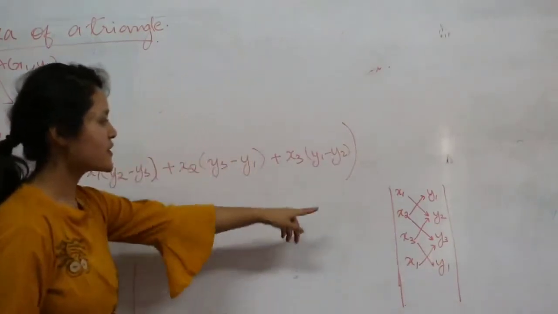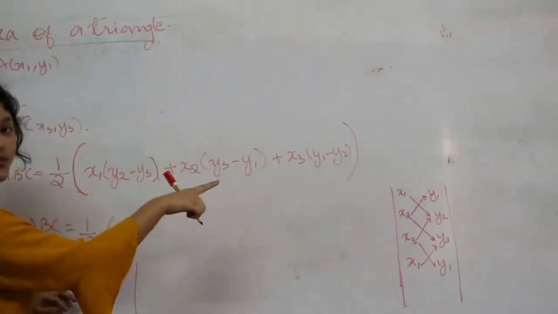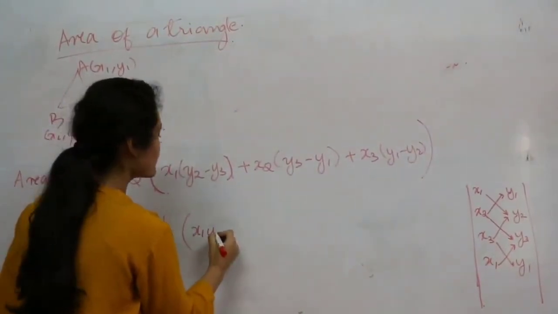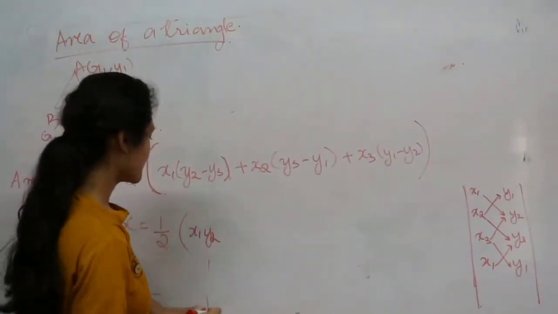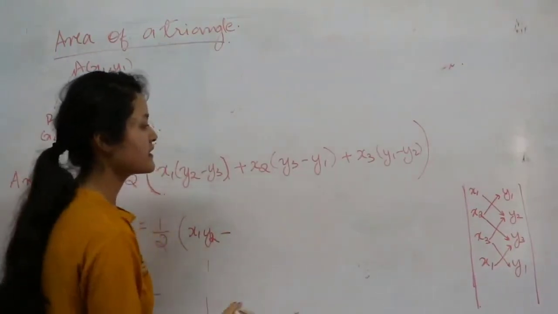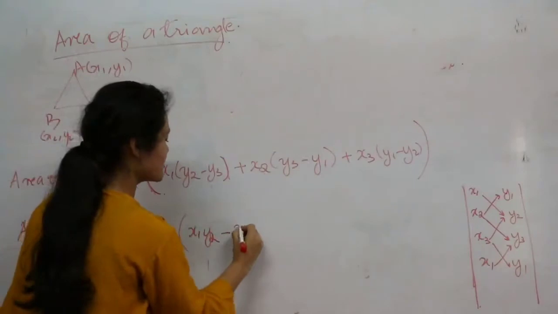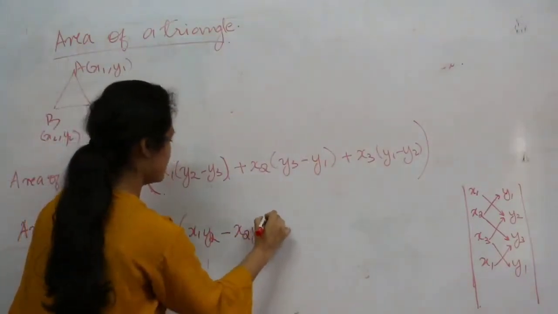So you see that arrow, I've put x1 with y1, so you multiply x1, y2, sorry. So you separate it with minus sign, and then I've put an arrow x2 with y1. So like that you do x2, y1.